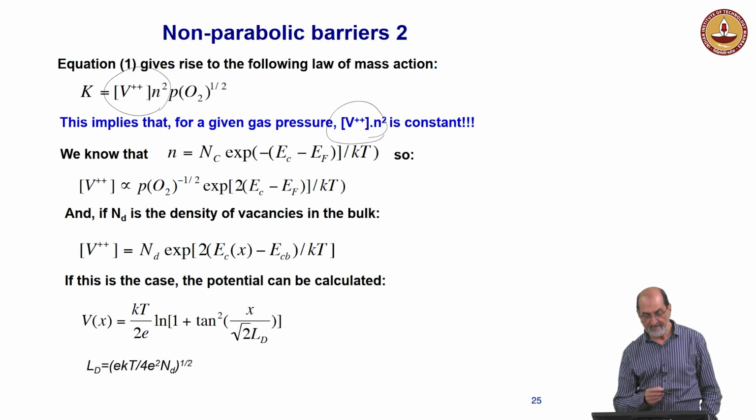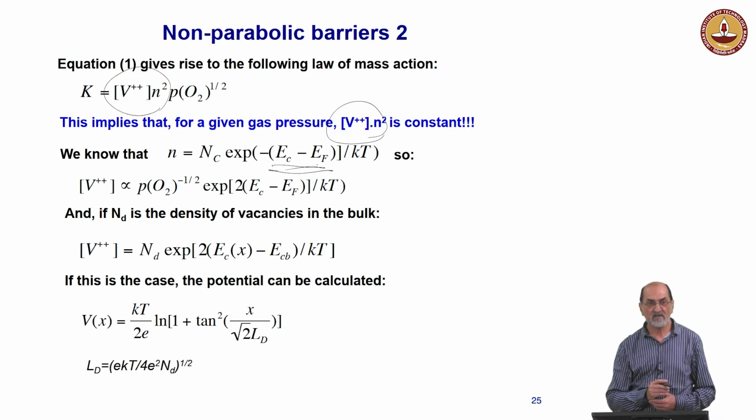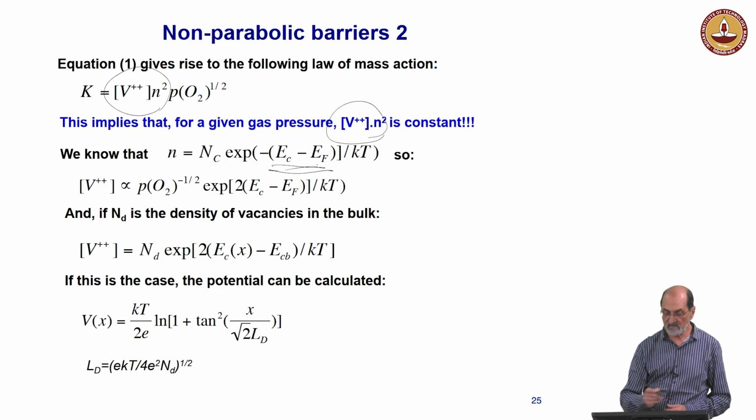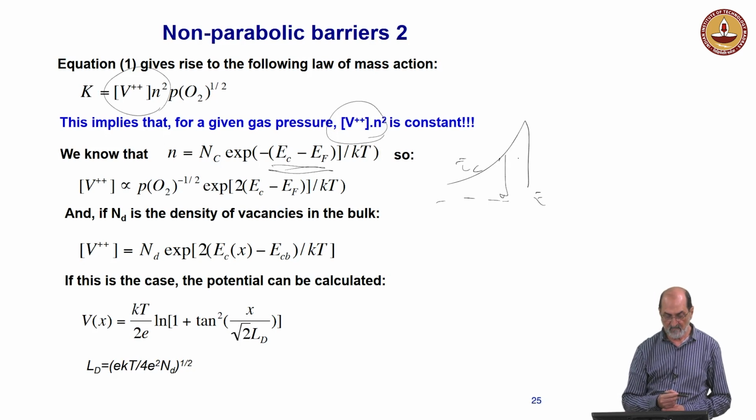But we know that the electron density changes along the depletion region. Why does it change? Because the distance between the bottom of the conduction band and the Fermi level changes along the barrier. The barrier is like this. Here's the Fermi level, and this is C. So this distance changes along the depletion region.